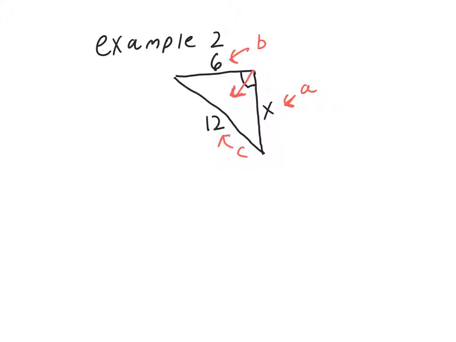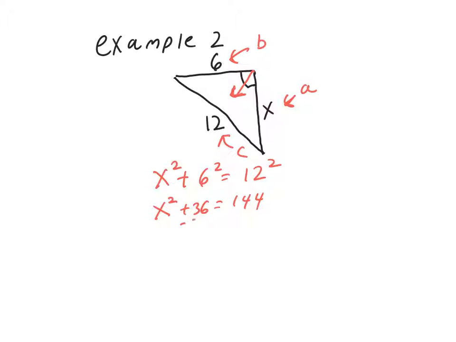So we're going to end up with x squared, because that was our a value, plus 6 squared equals 12 squared. Then we square everything. We get x squared plus 36 equals 144. Then solve for x.